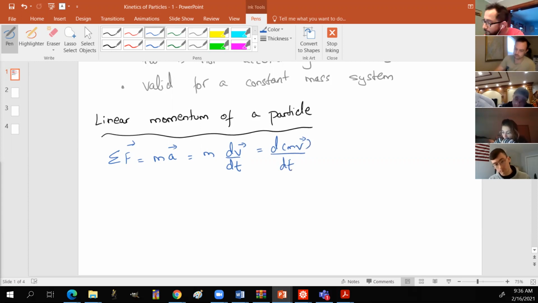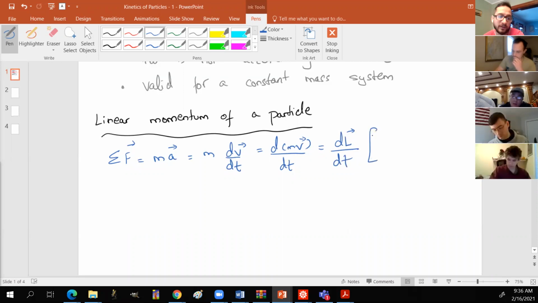And this mv can be written as this new vector called L, where L is basically the linear momentum of the particle, which is just the mass times the velocity vector.